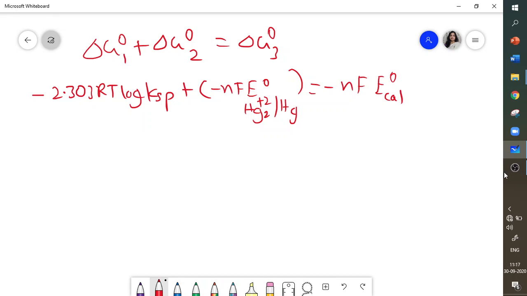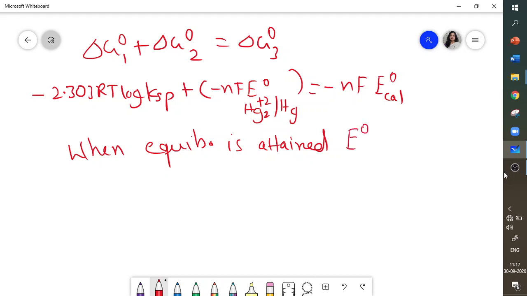Now you can see that when equilibrium is attained, this delta G will become 0, sorry, only delta G will become 0.